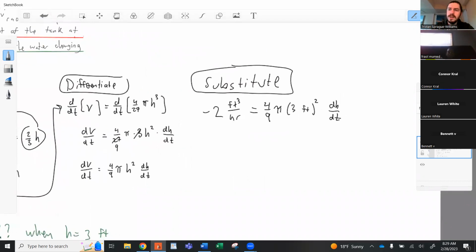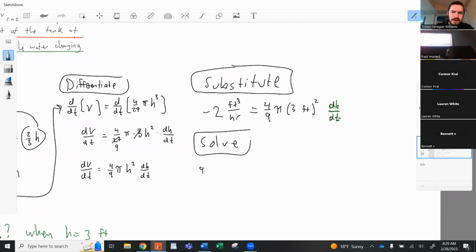So that's our substitute step. And now the only unknown left in our entire equation here is the dh over dt. And so that's why the last step is to solve for that unknown. So we end up with just dividing everything here.